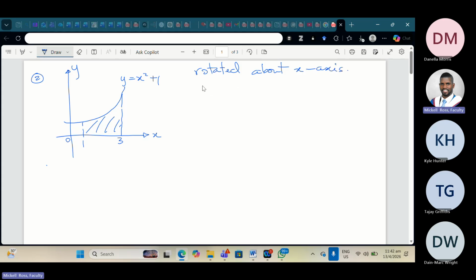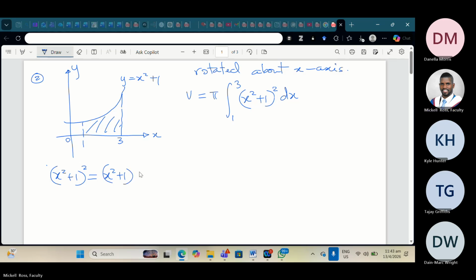All right, so the volume is going to be pi times the integral from 1 to 3 of the function, which is x squared plus 1, and you have to square the function with respect to x. All right. So it is going to be x squared plus 1, squared, meaning that it is multiplying by itself.